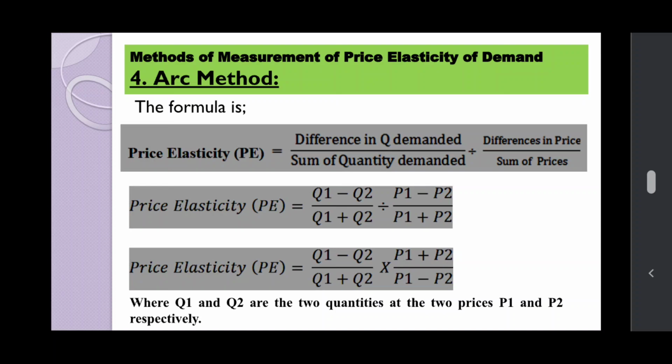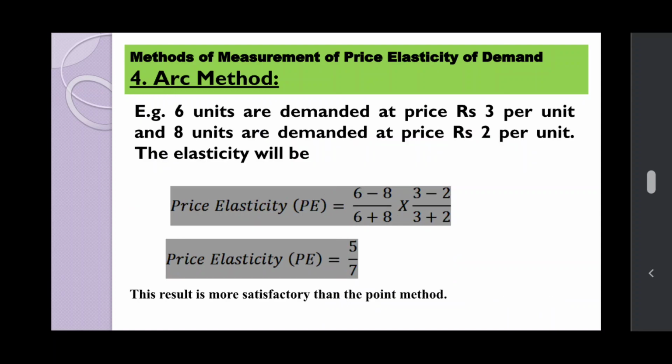If we simplify the formula, it will be price elasticity is equal to Q1 minus Q2 upon Q1 plus Q2 into P1 plus P2 upon P1 minus P2. Here Q1 and Q2 are two quantities and two prices are P1 and P2.